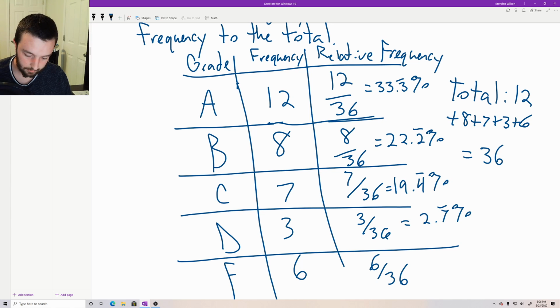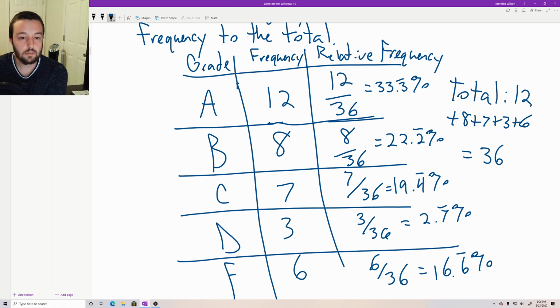And finally, 16.6 repeating percent. Okay. So if you add these all up, you should get 100% at the end. So instead of saying 6 people in the class failed, you can say about 16 or about 17% of the class failed, right? Which isn't great.